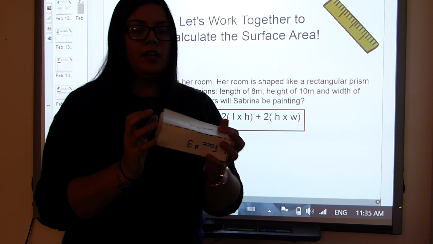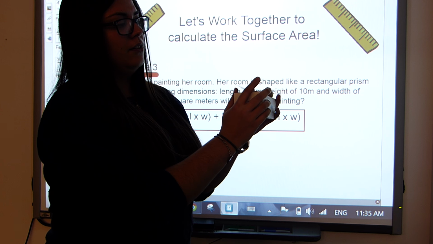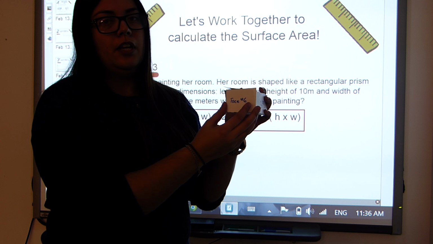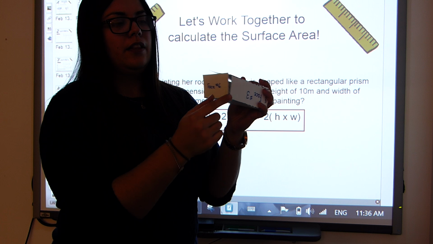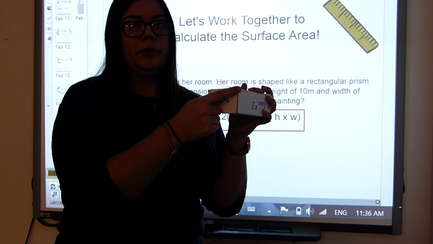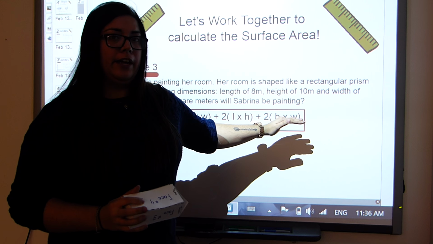So, if you notice with this rectangular prism here, if we're finding the surface area of just the side faces, the height is always incorporated. So if we look at our formula, these two both have height in them.